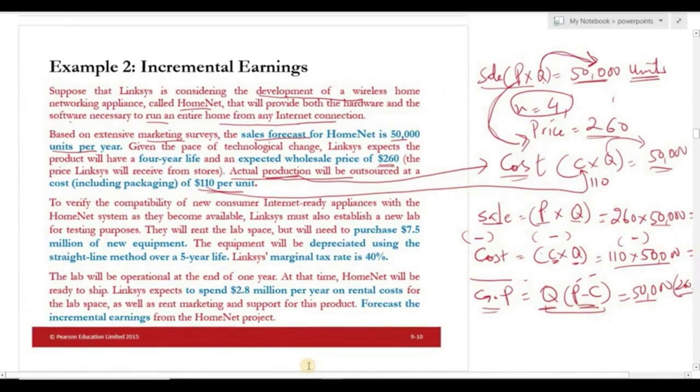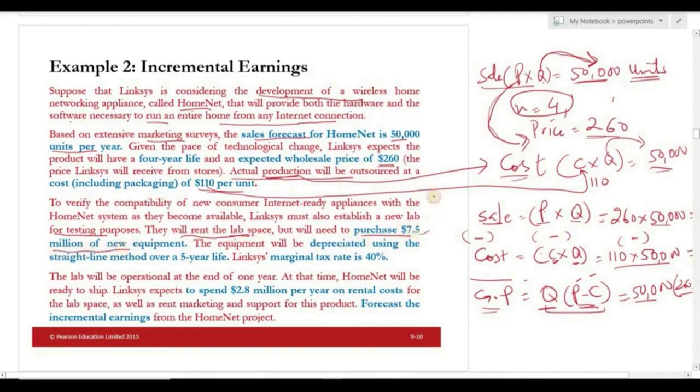Now if you see the third paragraph, it says that to verify the compatibility of new consumer internet-ready appliances with the HomeNet system as they become available, Link Systems must also establish a new lab for testing purposes. They will rent the lab space, but will need to purchase 7.5 million of new equipment.